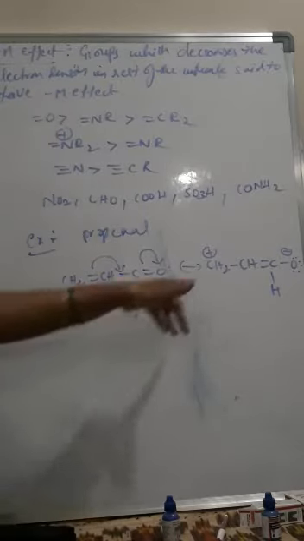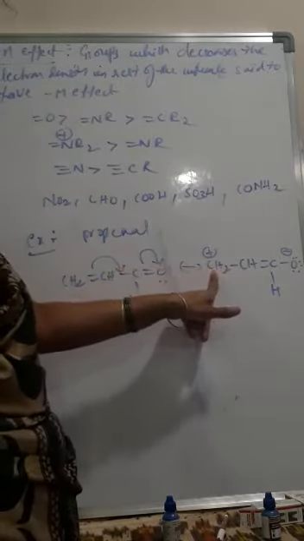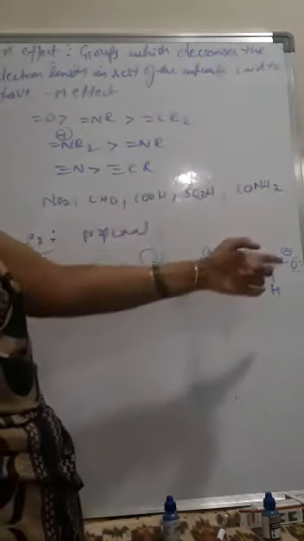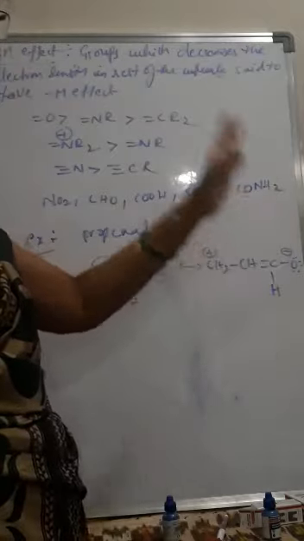That's why there is a plus charge over the rest of the molecule, and electron density over the group increases. That's why there is a minus charge over the oxygen present in the aldehyde group. So that is the negative mesomeric effect.